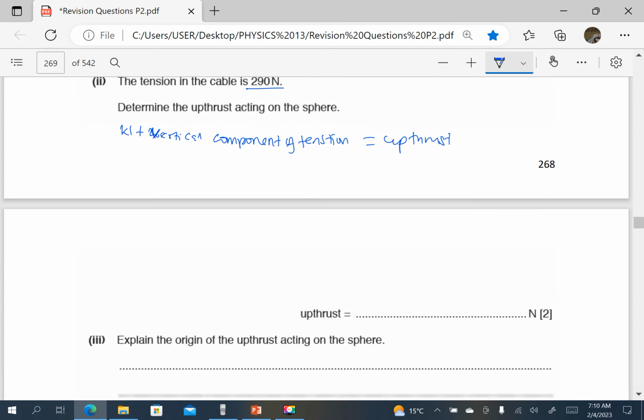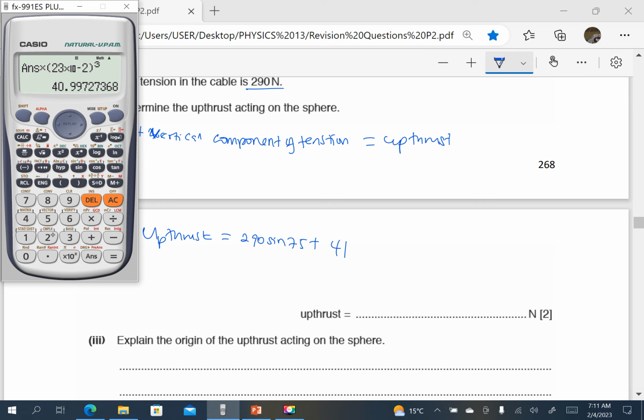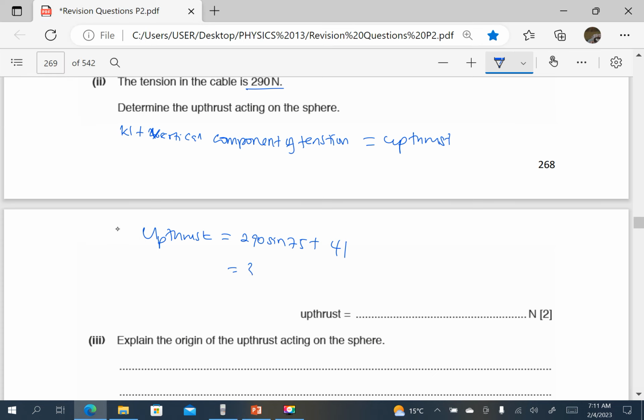So upthrust is equal to 290 sine 75 plus the weight, which is 41. So this is 321, which is approximately 320.